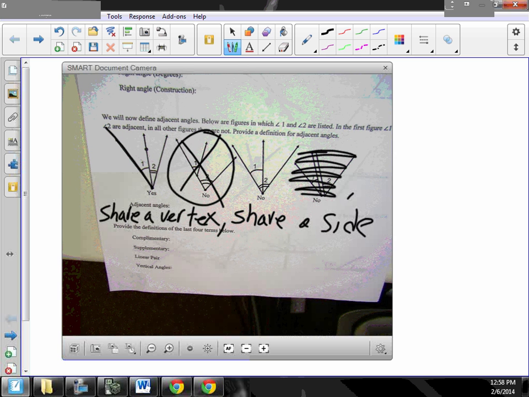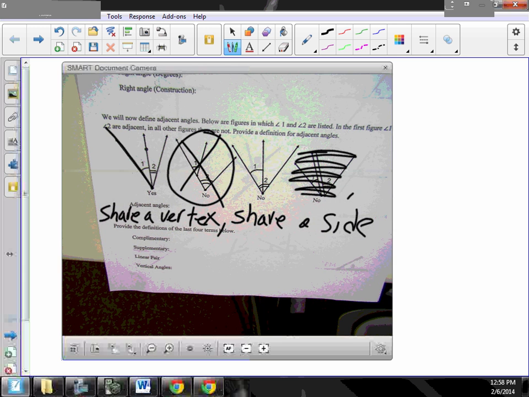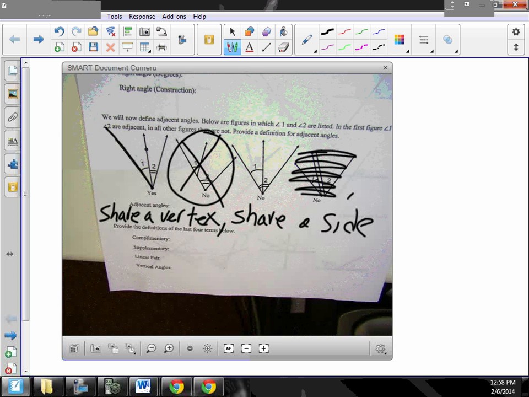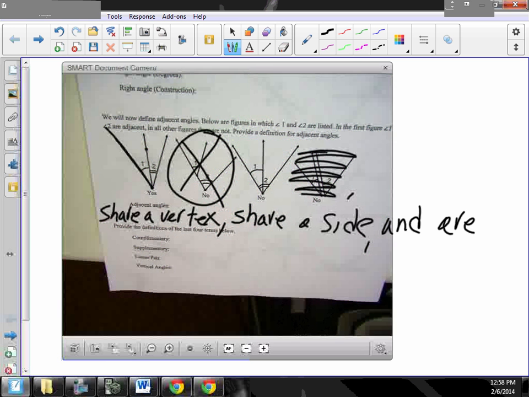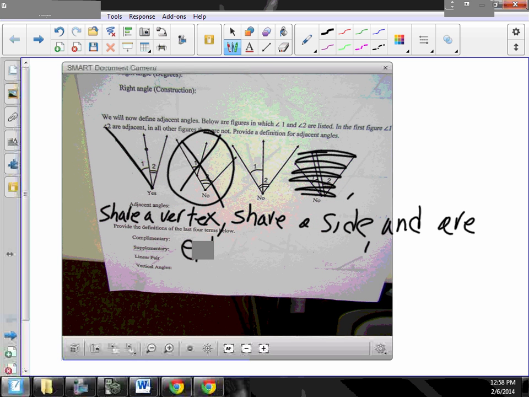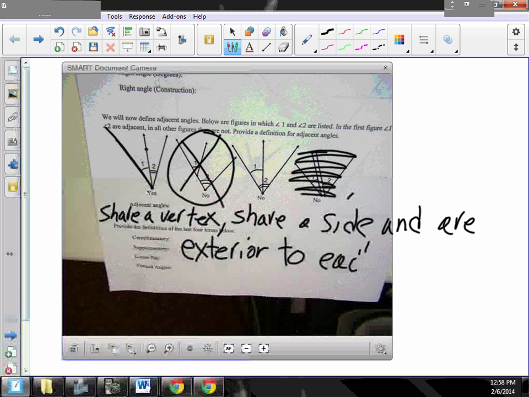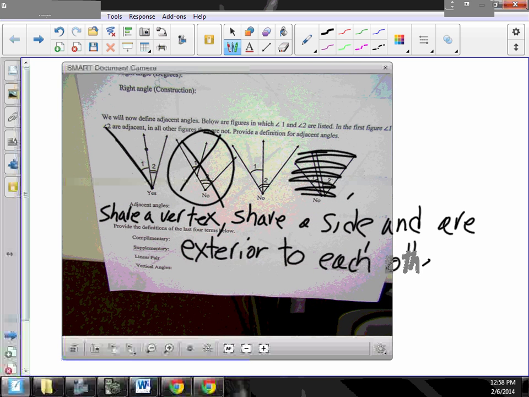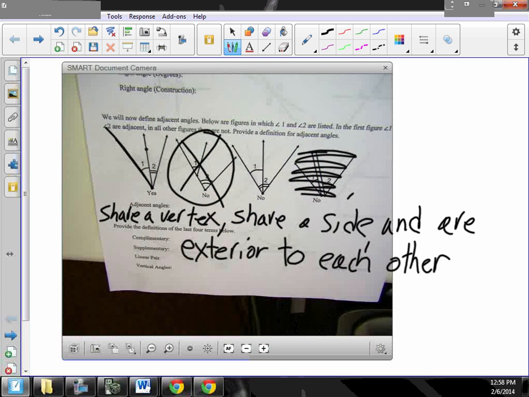So we could say that one is not interior to the other, but we probably want to say that they are exterior to each other. Okay. So now we know adjacent angles.